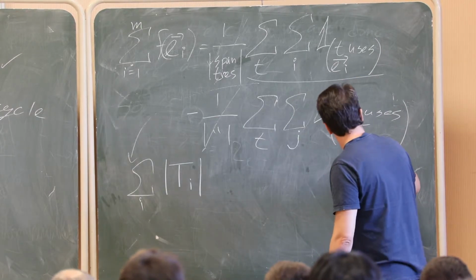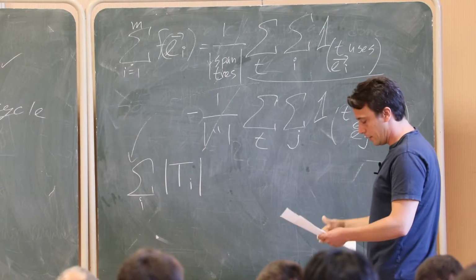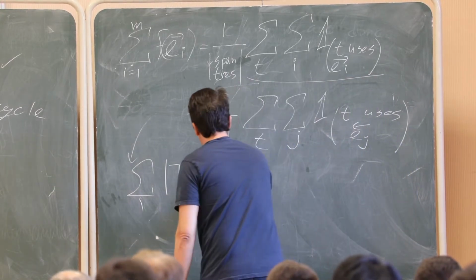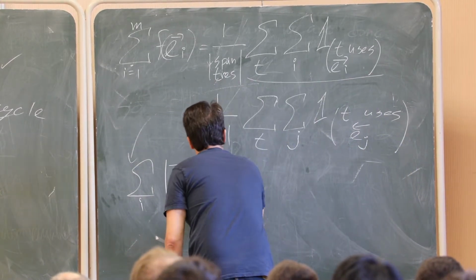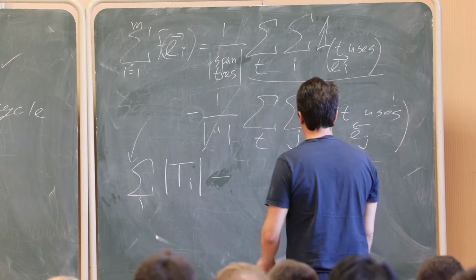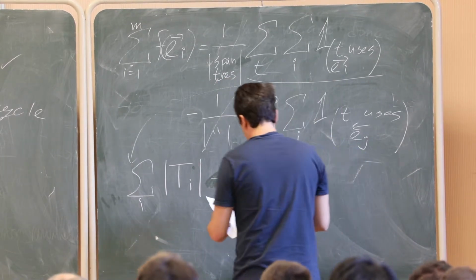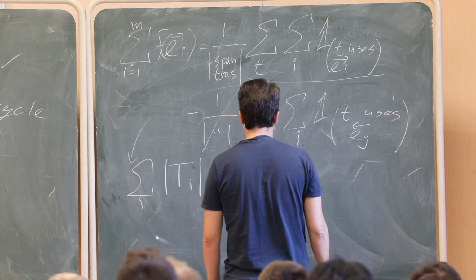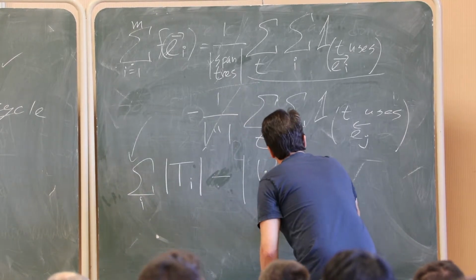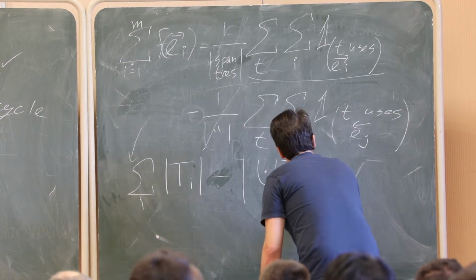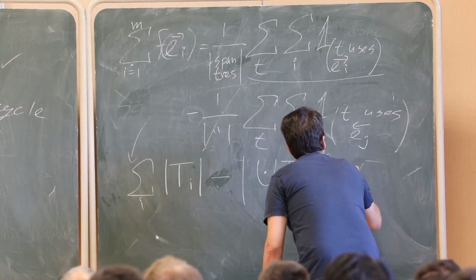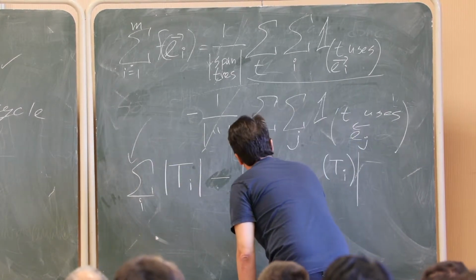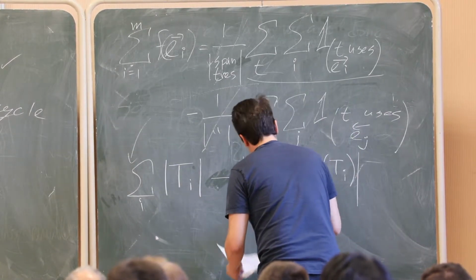Surely you will agree that there's nothing going on here. And what's written here, with a minus sign, is the cardinality of the disjoint union of the image under phi of T_i, for i from 1 to m.